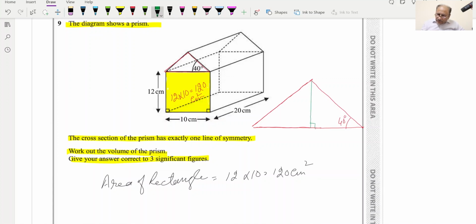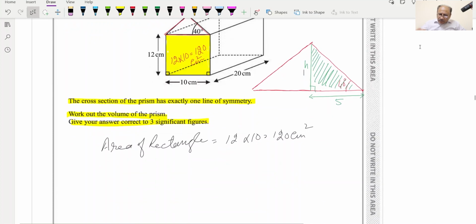This is a 90-degree angle, and we can consider this length as half of 10, so it will be 5. Now we are considering this triangle, and in this triangle our target is to find this height, h.